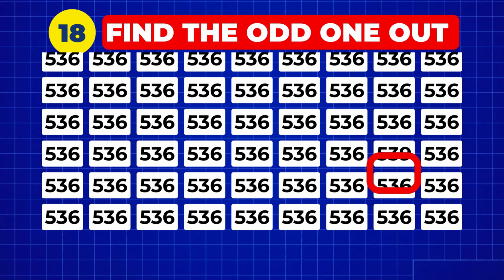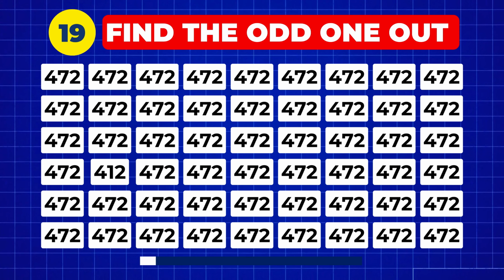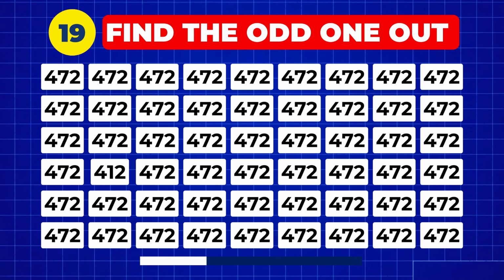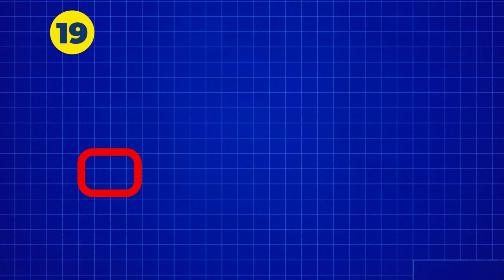This is 39. 472 is the common digit. You have to find out the one which is different. 412.